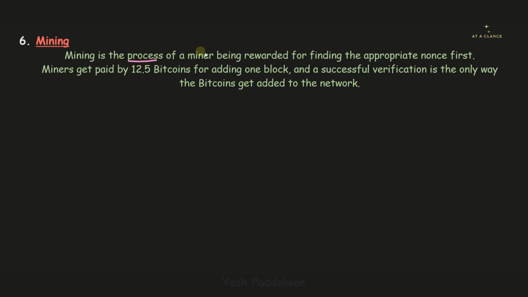Mining is the process of a miner being rewarded for finding the appropriate nonce first. Note this. Basically, as I said, there are going to be mining nodes who will mine the nonce. Let's say A, B, C, D are the miners, or the mining nodes, who are going to find the nonce.